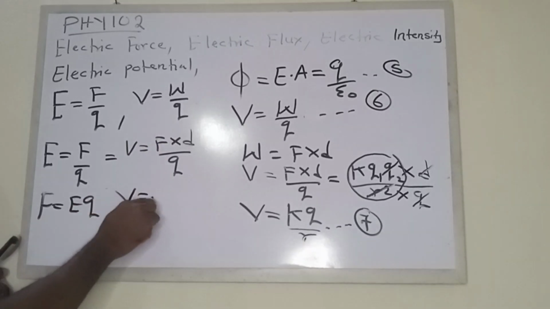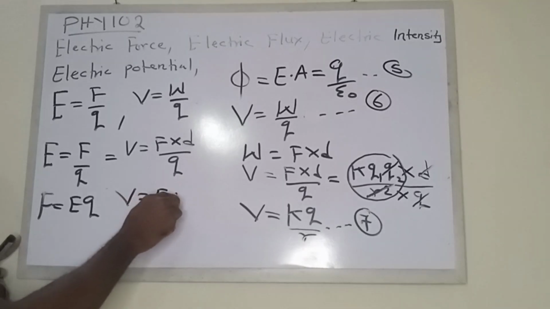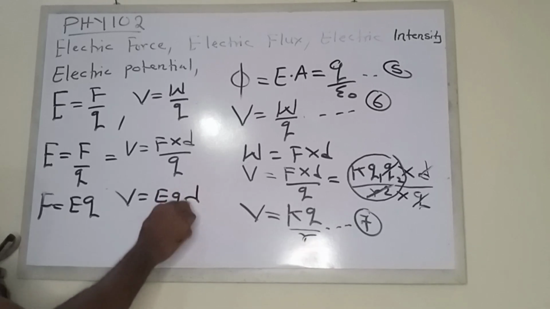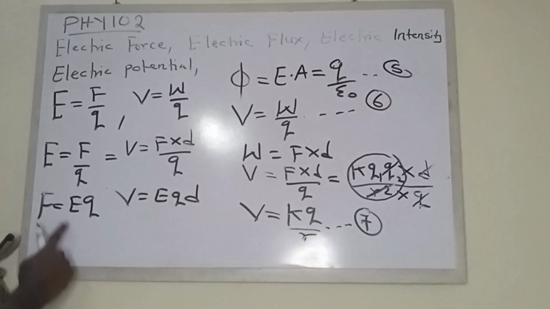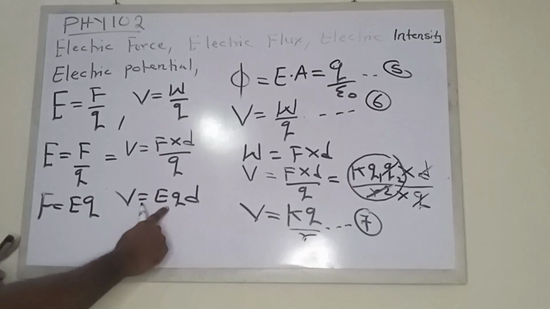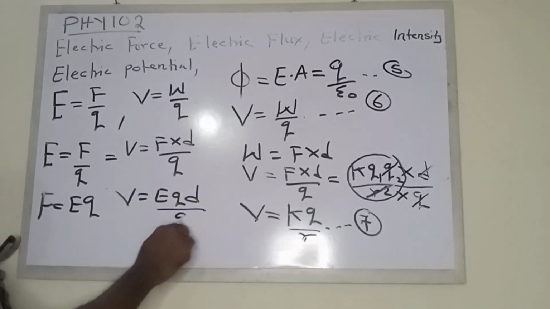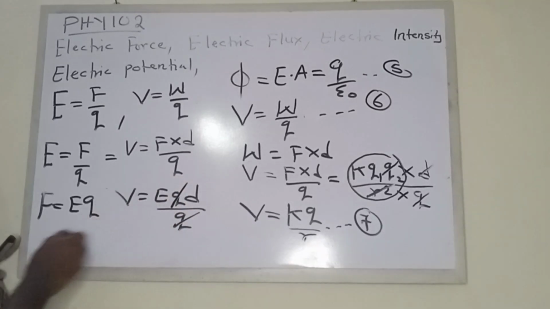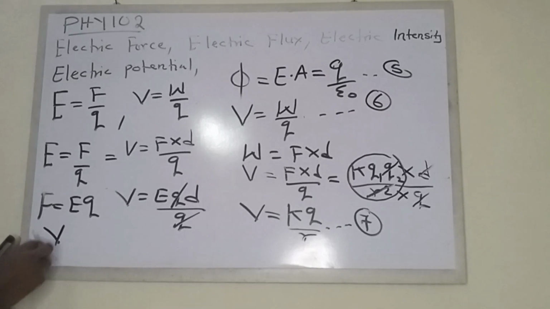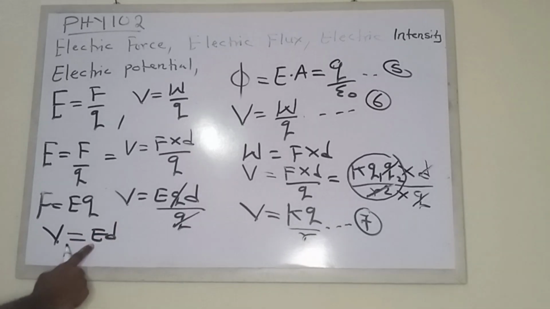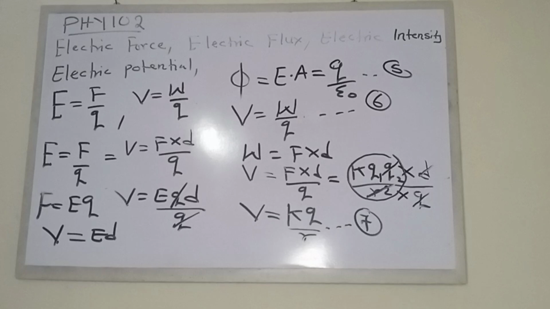Therefore, V is equal to EQ multiplied by D over Q. So we cancel Q. Therefore, electric potential is equal to ED, which is electric field intensity multiplied by distance.